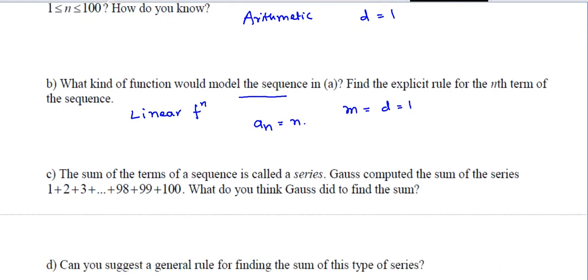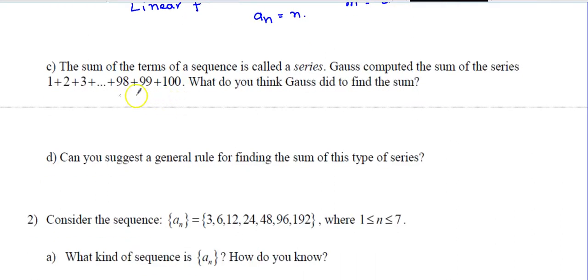Moving on, how did he add this sum? He wrote 1 plus 2 plus 3 up to 98 plus 99 plus 100. Little Gauss reversed this series.